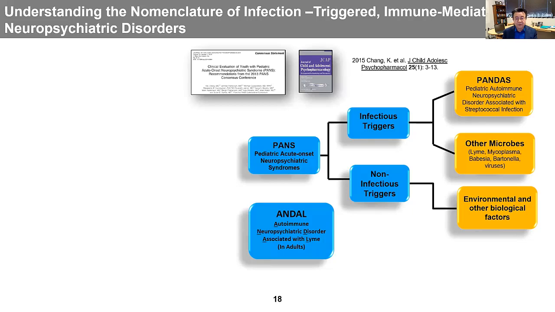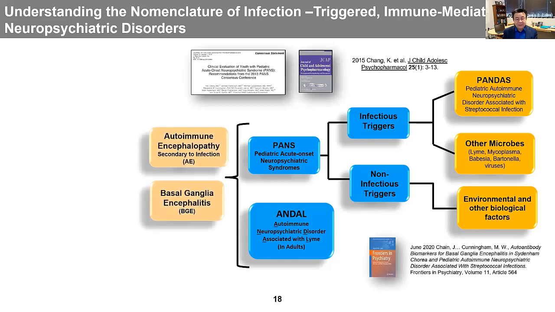And therefore, different terminology has come up, like ANDL, which sometimes refers to adult neuropsychiatric disorder associated with Lyme, or autoimmune disorder associated with Lyme. But in reality, what we do know is these are things that we might think of as autoimmune encephalopathy or encephalitis, although encephalitis tends to be a connotation of a direct infection, but it could be either, but we're not talking about a direct infection on the brain.